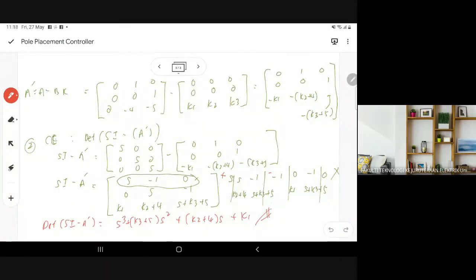We already found A minus BK, and then we found the determinant of sI minus A plus BK. Done. And before we compare with the required system, we need to solve the compensated system for step number 1 and step number 2.